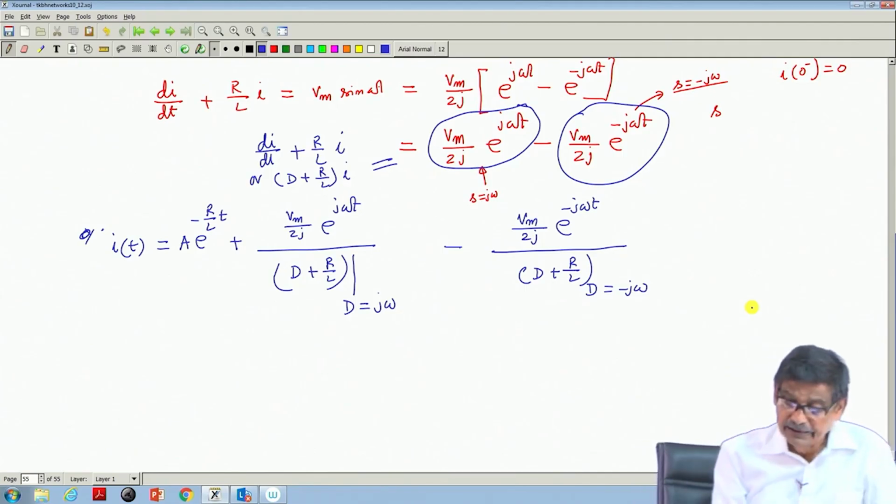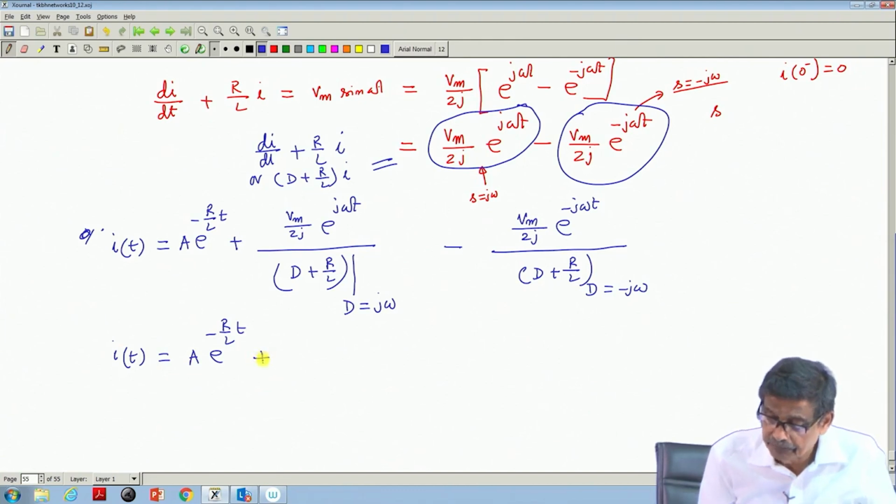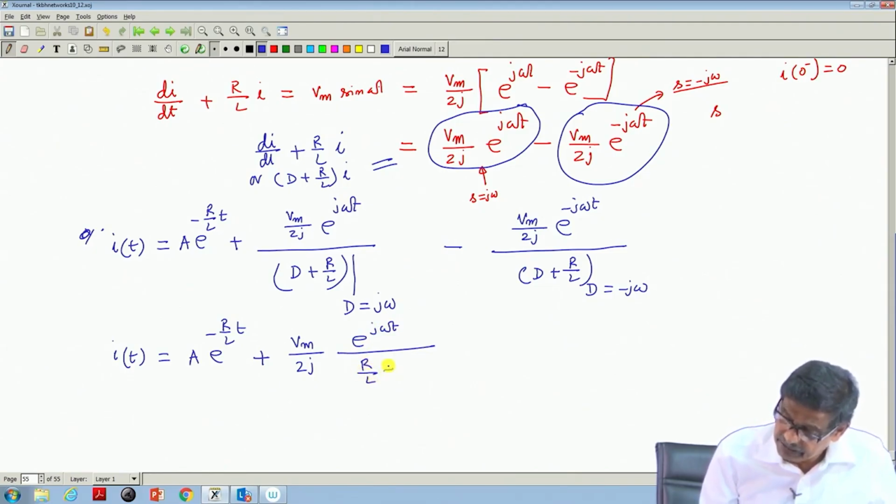So, I will write the total solution I(t) as A into e to the power minus R by L into t plus V m by 2j, and on the top it is e to the power j omega t, and below it will be R by L plus j omega, is it not.